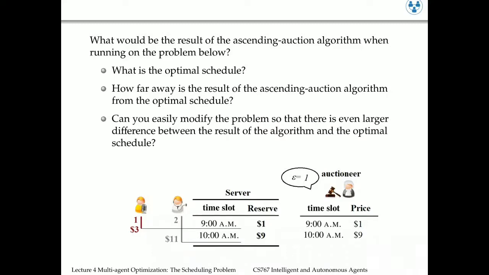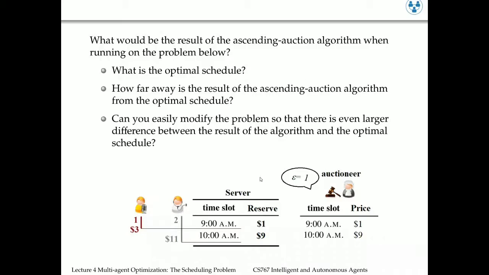Also, there is some other bad news. For example, if you look at this very simple case, where we have two time slots and two agents, one demanding only one hour, which is the first hour available, and the other agent needs to have both hours. And suppose we run the auction mechanism with epsilon equals 1, then you will get something quite bad.